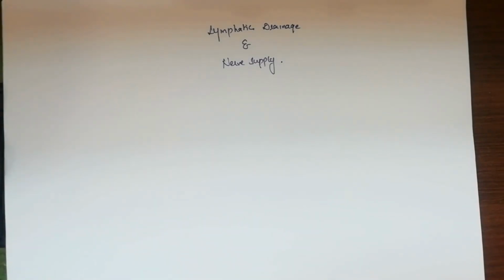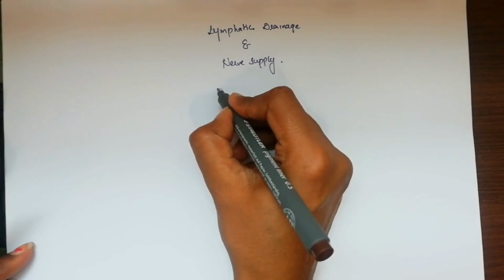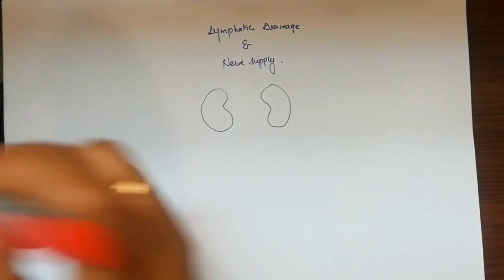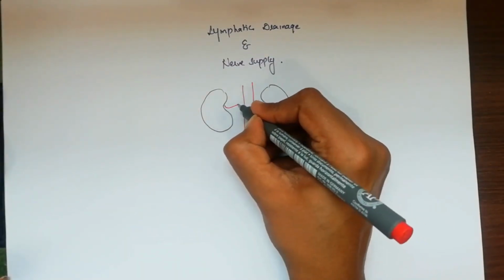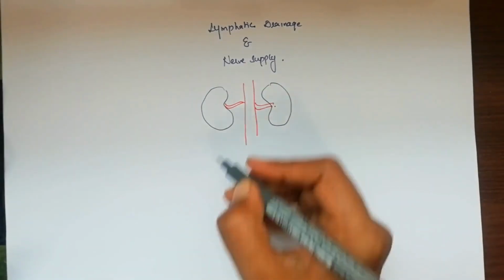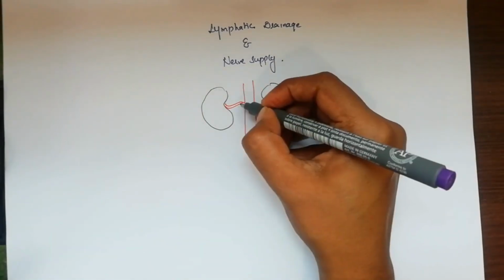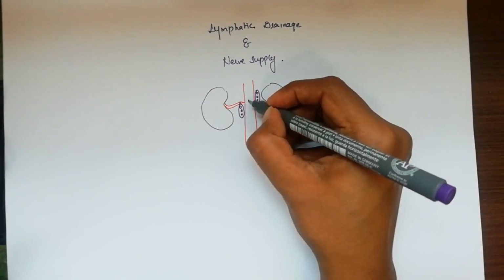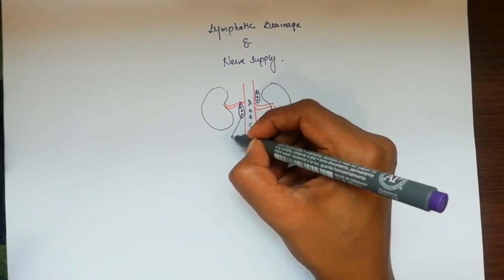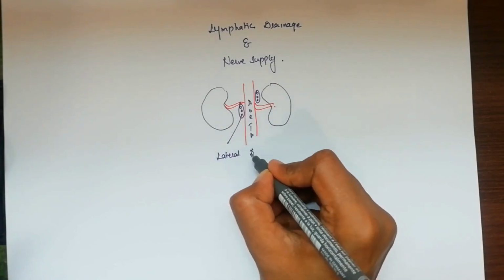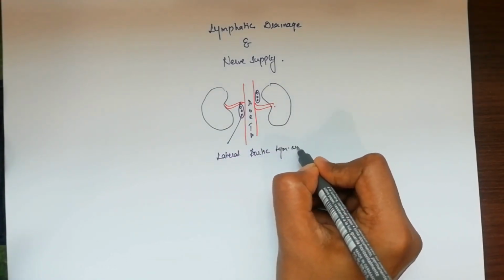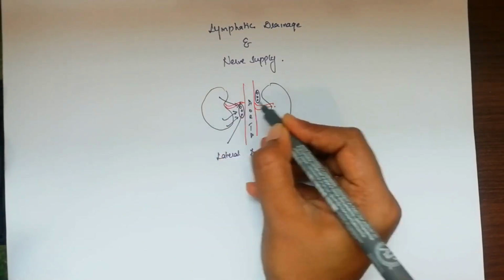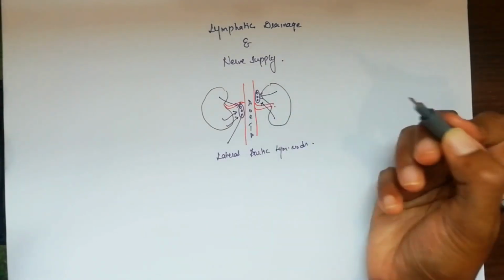We have a kidney on either side, and in between we have the aorta. From the aorta we have the renal artery passing to the kidney. On either side of the aorta we have some lymph nodes arranged, and those are the lateral aortic lymph nodes. So this is the area where the kidney drains. The kidney is drained into the lateral aortic lymph nodes.